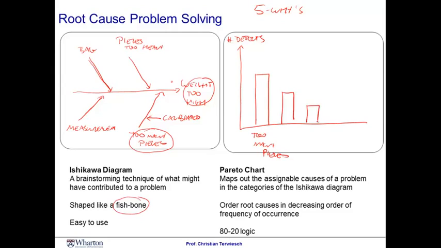And then all the way maybe having just 2 problems where the bag was the root cause. And then you can plot the cumulative number of problem occurrences in a curve that looks like this. Typically you find an 80-20 logic. 80% of the defects could be explained by 20% of the root causes. This is known as the Pareto Principle.